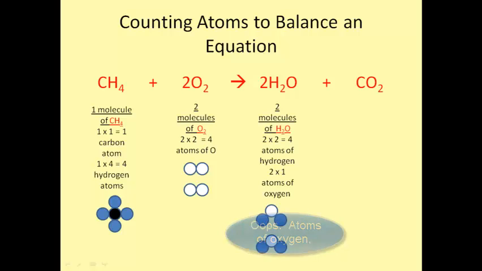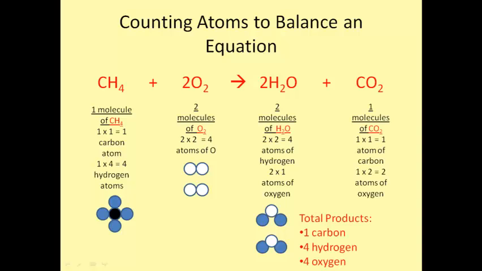That would look something like this. Here we see 2 molecules of water, and each molecule of water has 2 hydrogens and 1 oxygen. Carbon dioxide is also formed, and there is 1 molecule of carbon dioxide, and it contains 1 carbon and 2 oxygen atoms, and it looks like this.